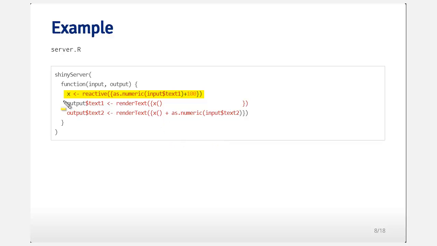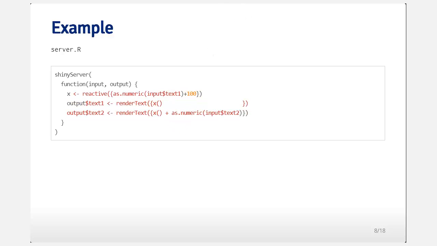So in this first output, I'm going to display my input incremented by 100, and then in the second one, I'm going to display my input incremented by 100 plus whatever number I put into text2. Obviously this doesn't change the runtime that much, but now we only have to increment it by 100 once, rather than doing it twice, once in each reactive render text statement.